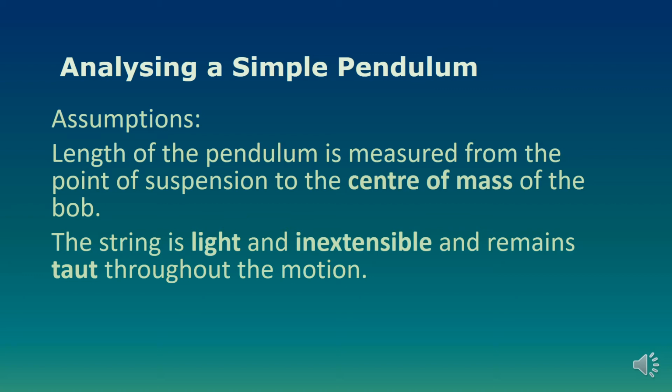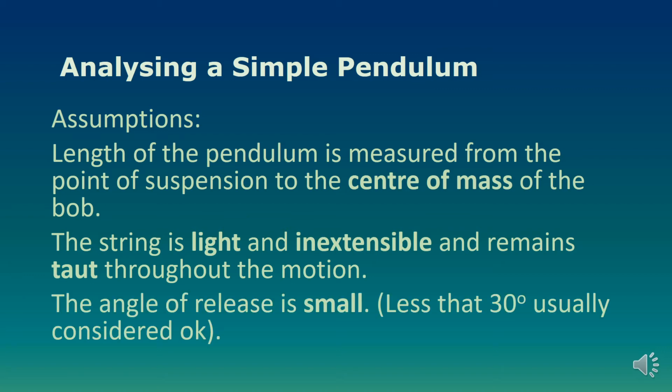It doesn't complete the circle, but it does prescribe a circular path, and therefore the tension will vary throughout that path, which would, if it was able to extend, of course change the length of the pendulum as well. So we're assuming that any extension is negligible. So in an ideal situation, inextensible.